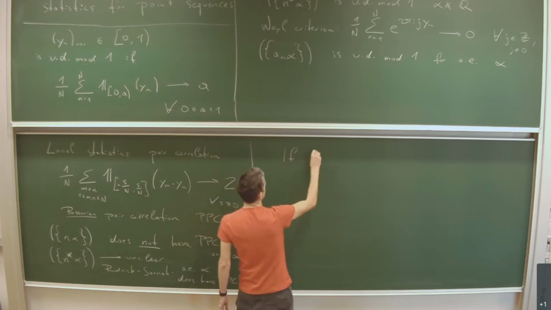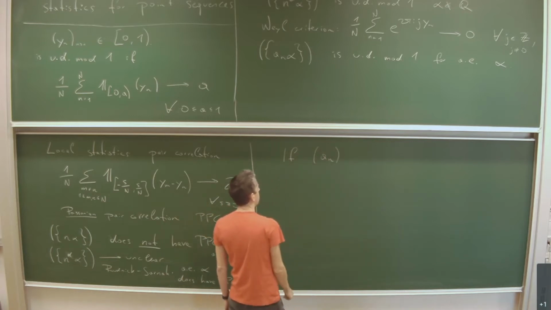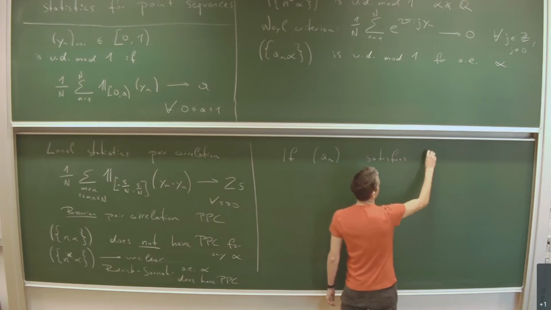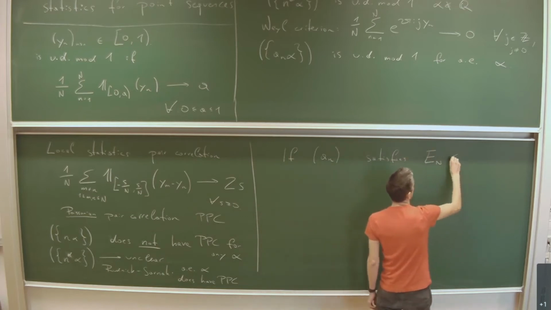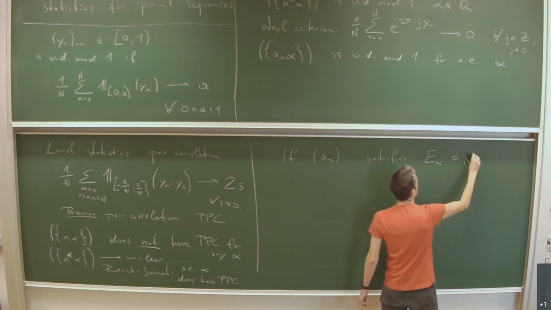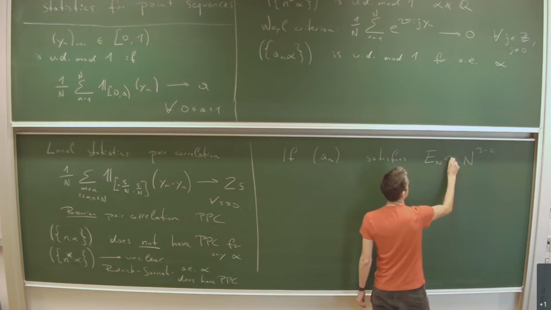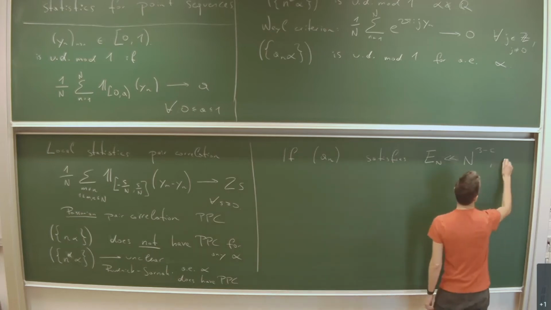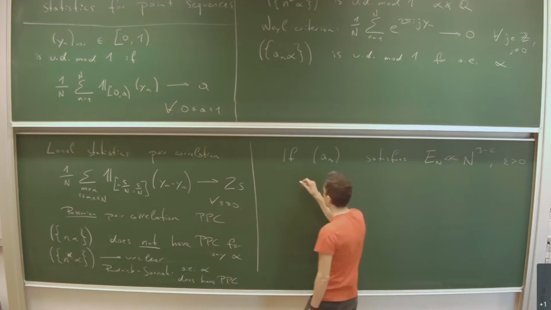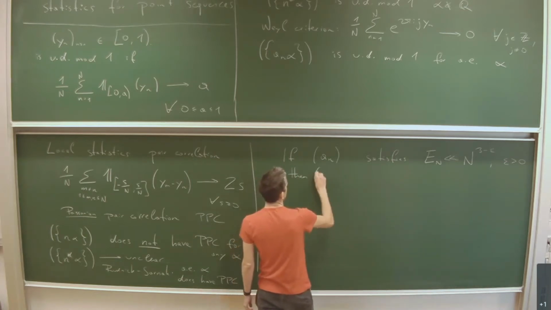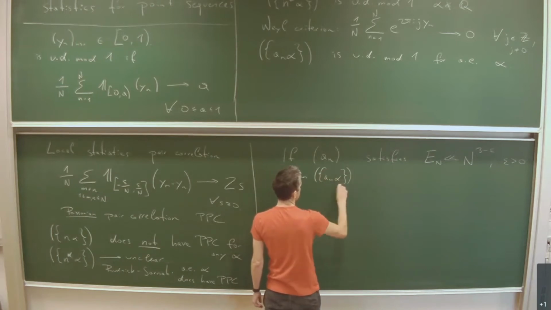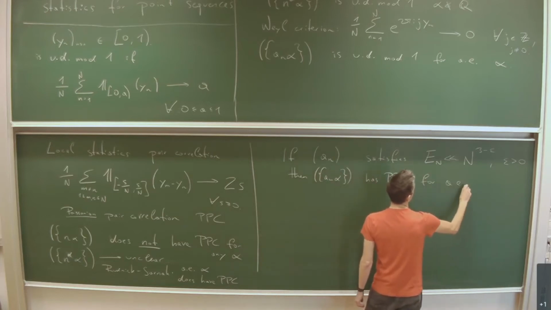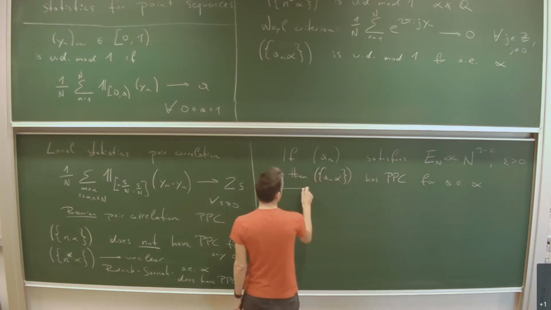If we start with some integer sequence a_n, if this satisfies that the additive energy, I will tell you in a moment what it is, is of order N^(3-epsilon), epsilon positive, whatever positive epsilon you can save here, then the sequence a_n alpha has Poissonian pair correlation for almost all alpha. And there's a counterpart.